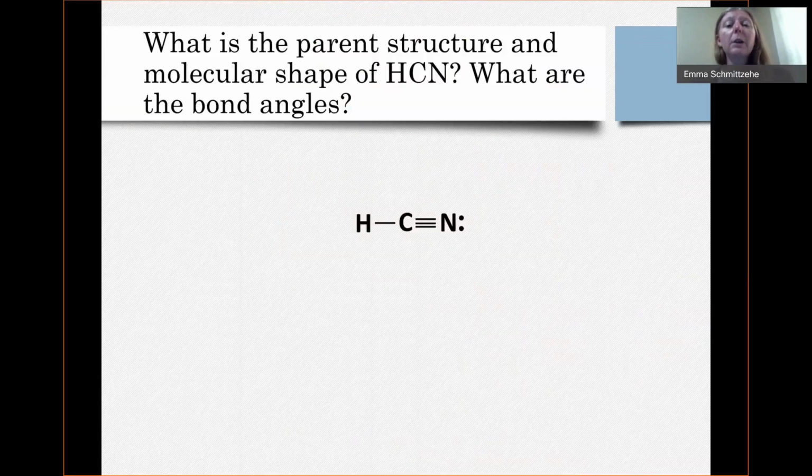Okay, so here I ask what's the parent structure and the molecular shape of HCN, and I also want to know the bond angles. The parent structure is based on how many electron domains are on that central atom. Carbon is my central atom, and I have a single bond and a triple bond. So I have 2 electron domains, and that means my parent structure is linear.